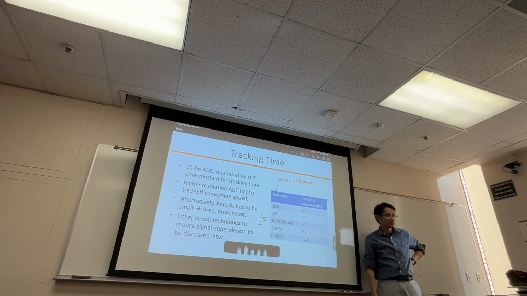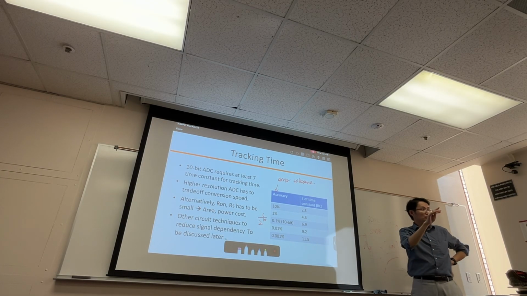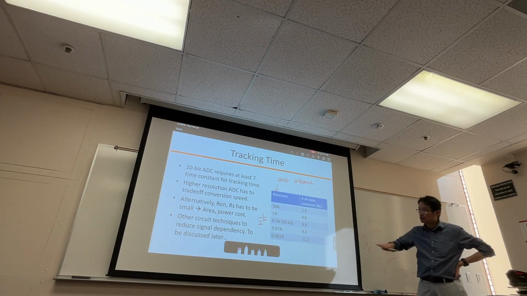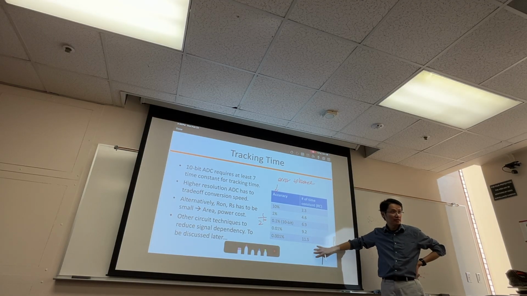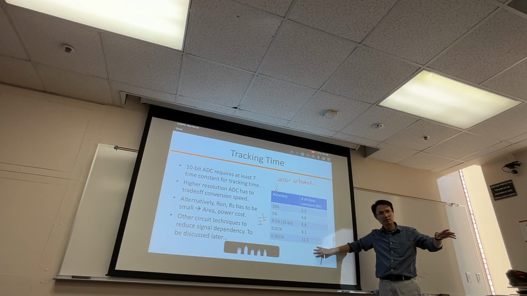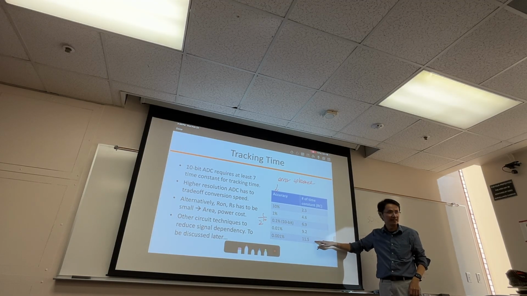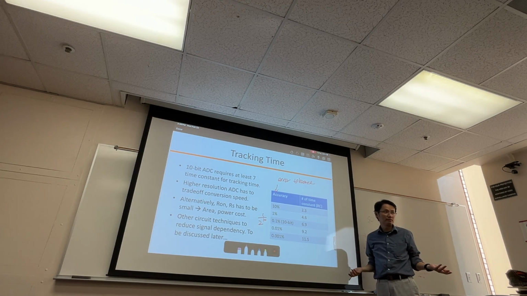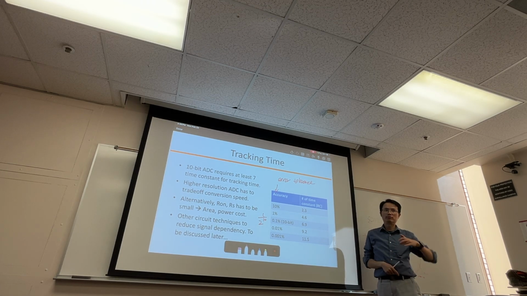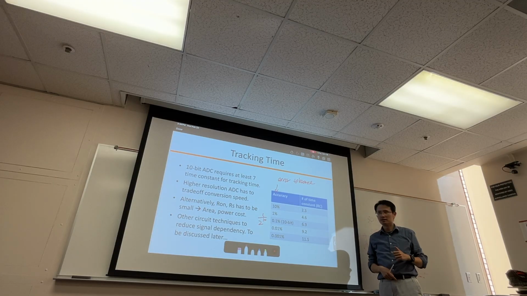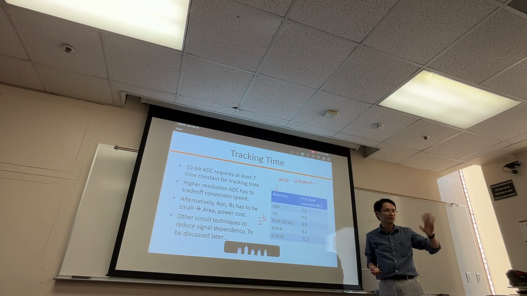That's that time constant. Okay, so no matter what you do, the higher the resolution of the ADC, your sampling speed goes up or goes down? Has to go down. You see that? So that's just a trade-off, right? You cannot just say, I want to design a high resolution ADC, and I can easily get the speed also very, very fast. No, they don't go hand in hand. There will be a trade-off, right?